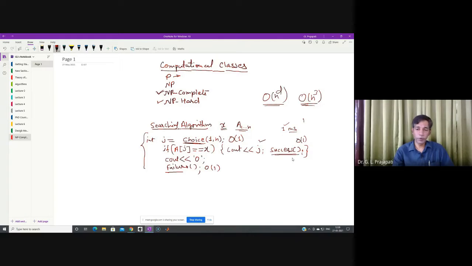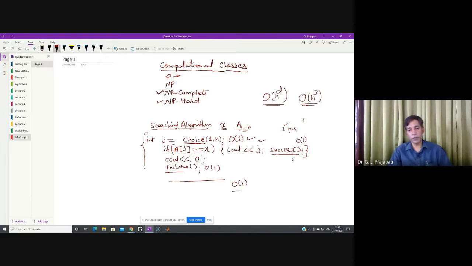Now see, if you go for the analysis of this algorithm, then this is constant time. We have assumed that choice will take constant time, and you know that this is also constant time, this is also constant time, success has also constant time, this can also be done in constant time, and this is also constant. So the overall complexity of this algorithm is constant.